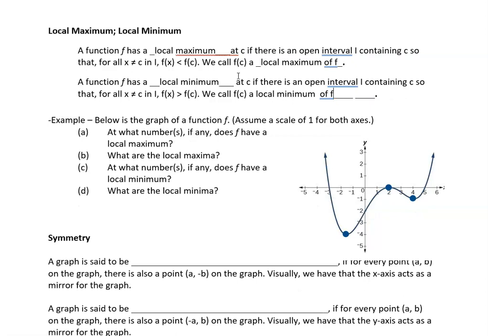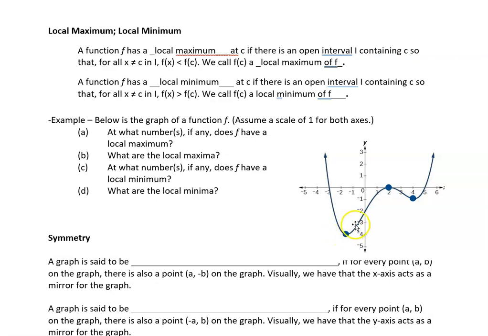So just like the local maximums looked like mountain peaks, we can think of local minimums as valleys, because just like a local maximum, we want the y value to be higher than any other y values around it. With a local minimum, we want the y value to be lower than any of the other y values around it.